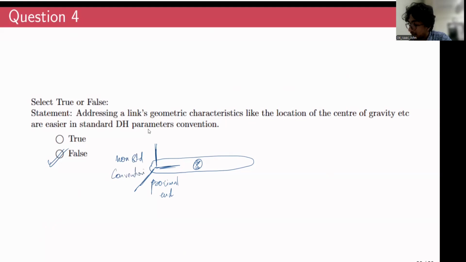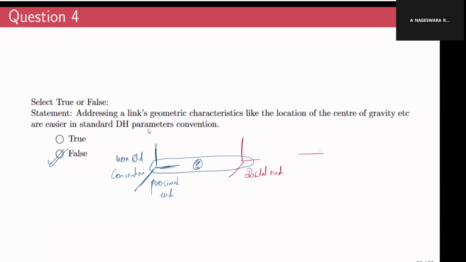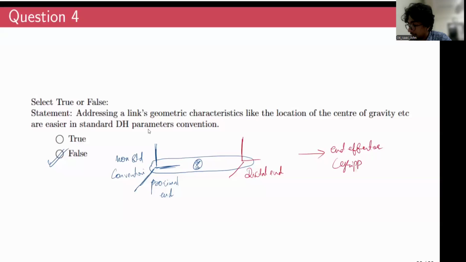And as per the standard DH convention, you attach the frame of reference at the distal end. And towards here, you will have the end effector, maybe a gripper, and towards this side, you have the base, right?